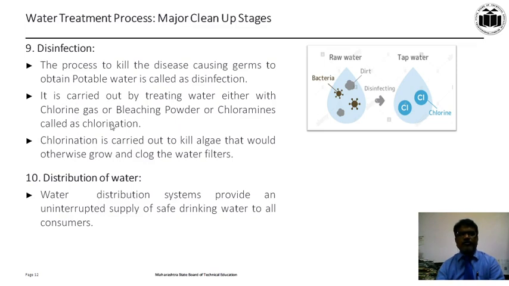We remove the physical impurities, chemical impurities, colloidal impurities, and bacteriological impurities, and now the water is fit for the domestic use, and then this water is called potable water, and this water is now ready for the distribution to the consumer.